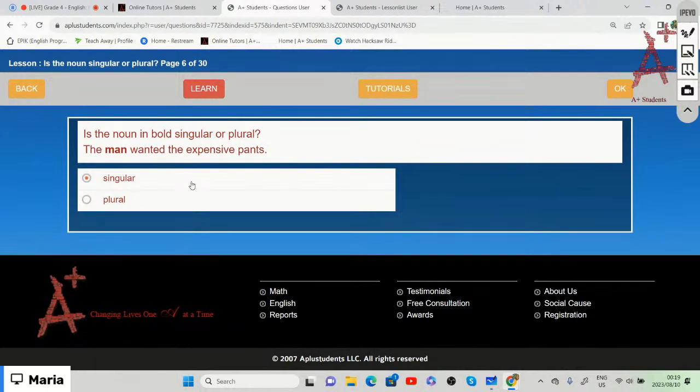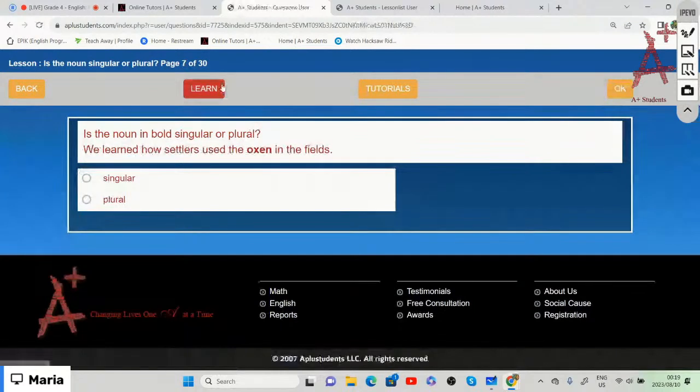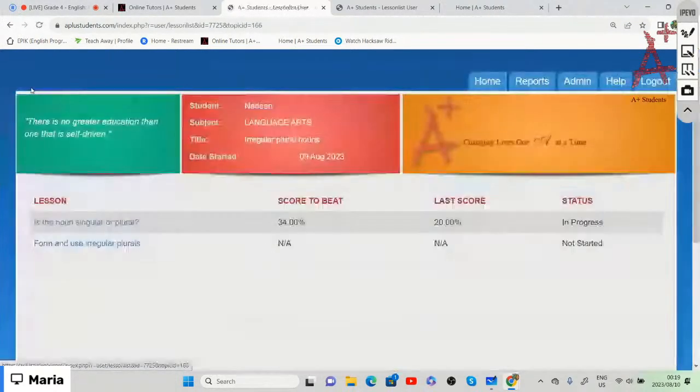And the plural form of man is men. So men is our plural form. And that is the noun which is singular or which is plural. So we had to say whether it is singular or plural.